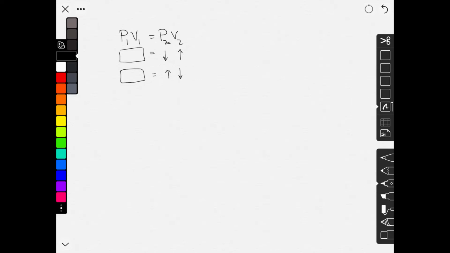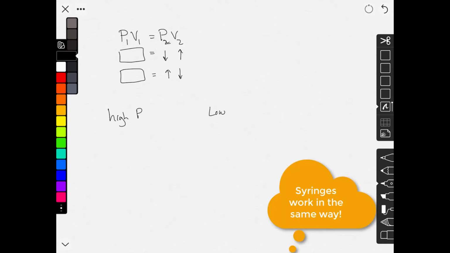Now, when we think about gases, gases like everything else like to go from high pressure to low pressure. So if we have high pressure gas over here and low pressure gas over here, the gas is going to move this way. Okay, so let's think about this in terms of your breathing.